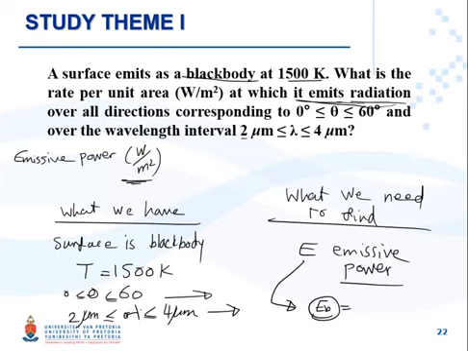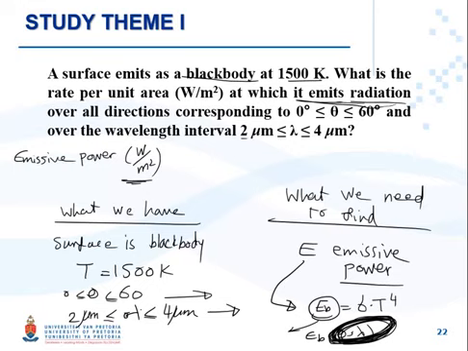That one, yeah, we could quickly say is sigma T4. This one is asking for emissive power of a black body in the direction theta, so we need to take this theta and wavelength into consideration.